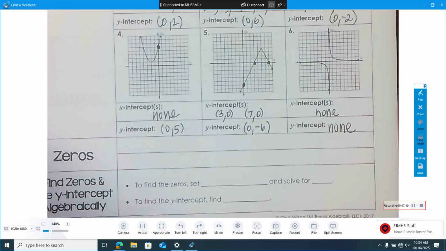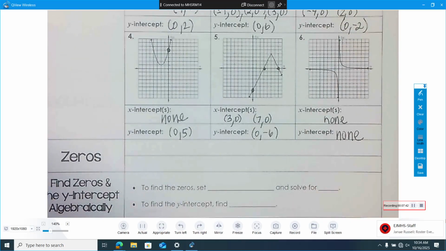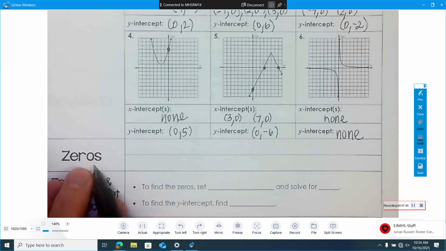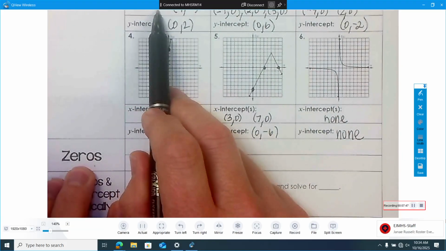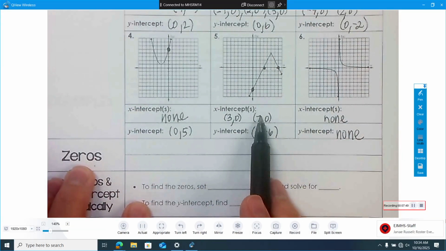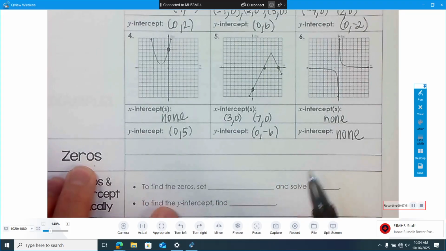Okay, so y-intercepts and x-intercepts, super easy to identify. And the zeros is just a fancy name for x-intercepts. So zeros mean the same thing as an x-intercept.